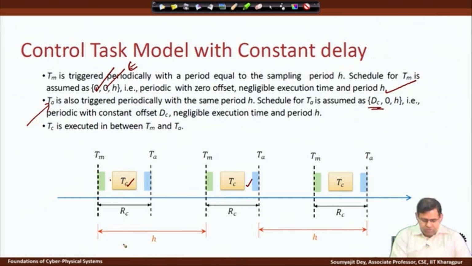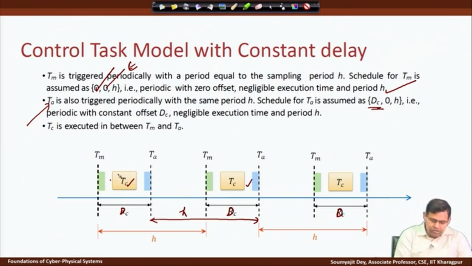If you can see, this is the period here, and this is also precisely equal to h, and this difference is the deadline dc, and it can have several possible response times.